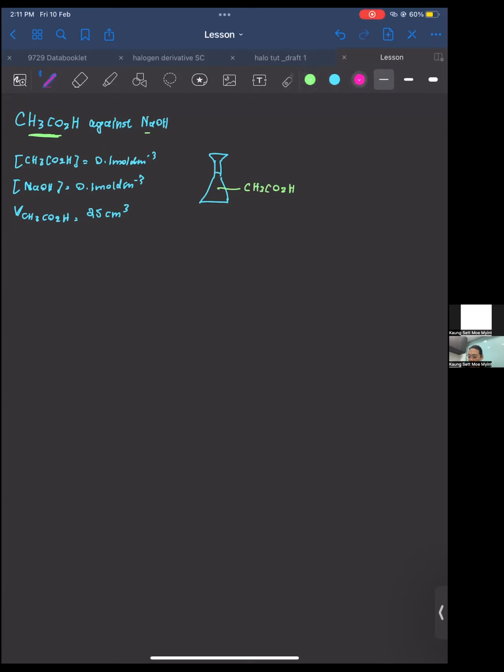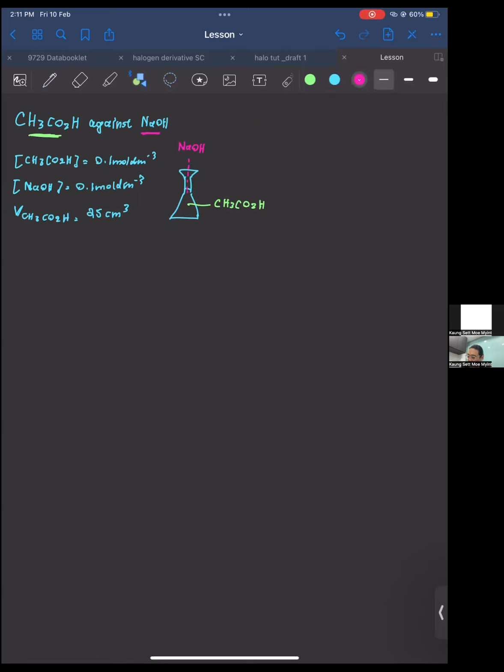The second substance after the word against is the one that is being added drop by drop into the conical flask using a burette. So it's an experiment you've done since secondary school. It is just that you are adding NaOH into a bottle of ethanoic acid.